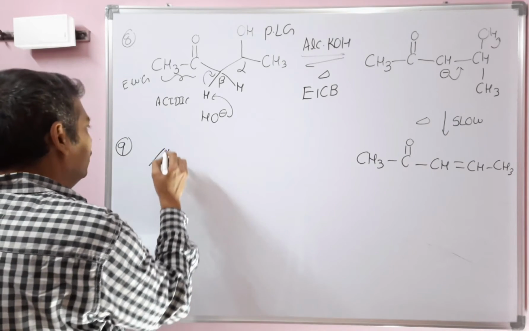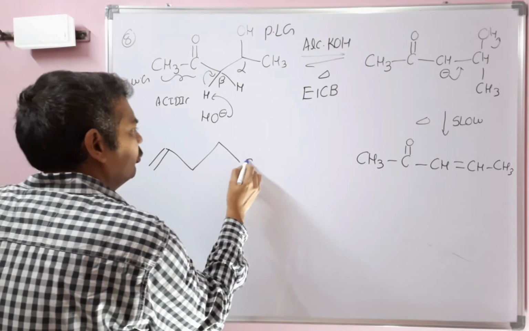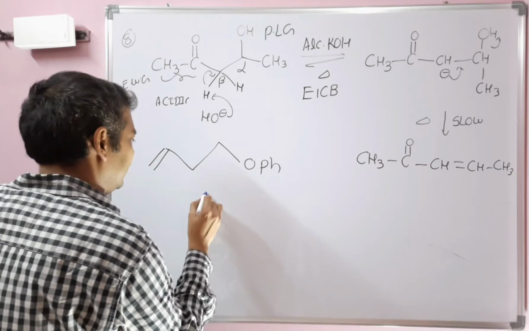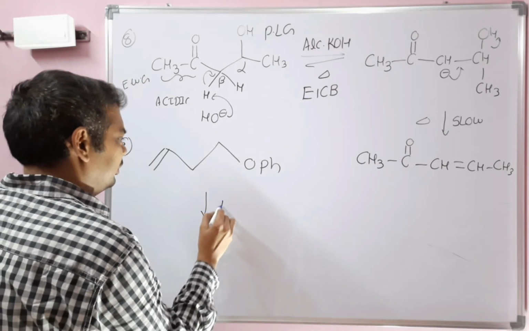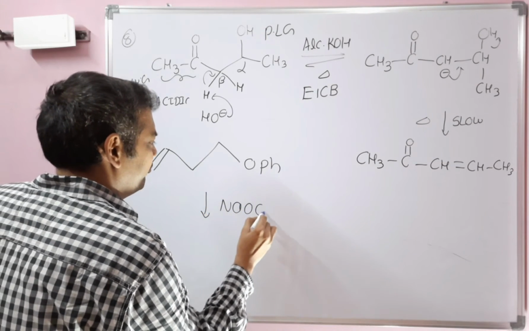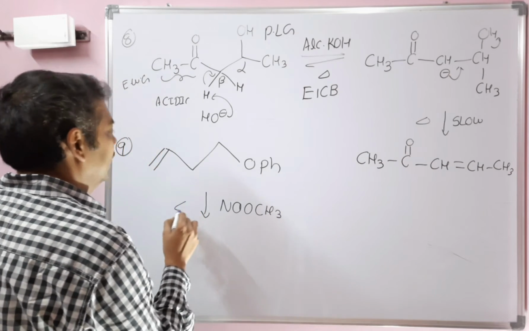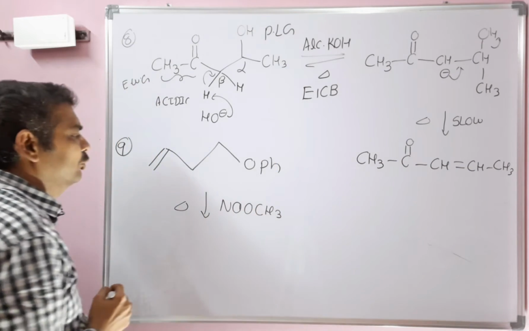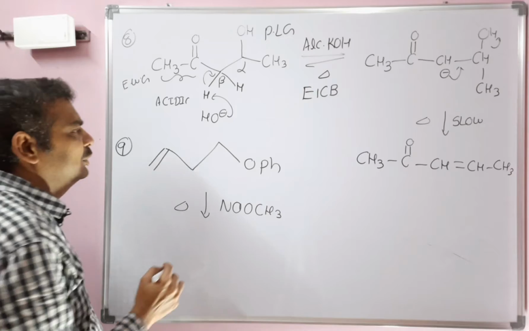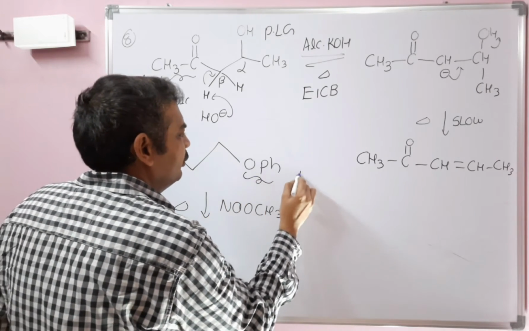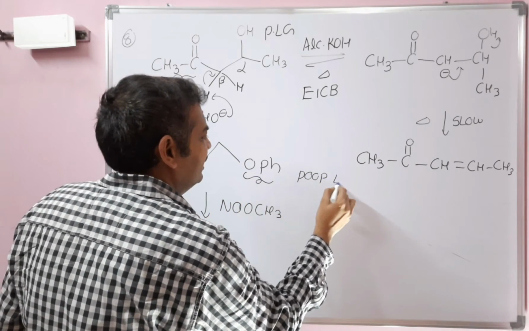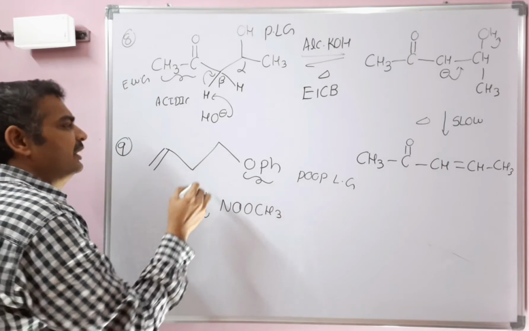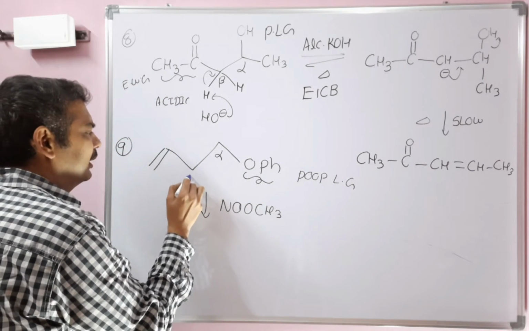Next example. Double bond CH2 phenyl reacts with sodium methoxide at high temperature. So look for the E1CB possibility. If a poor leaving group is present, there is a chance for E1CB. So alpha carbon, beta carbon.